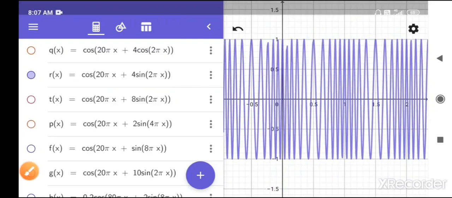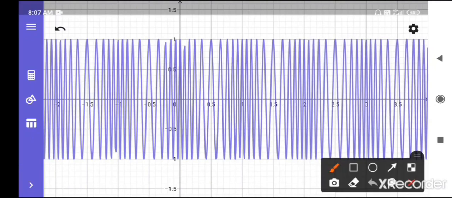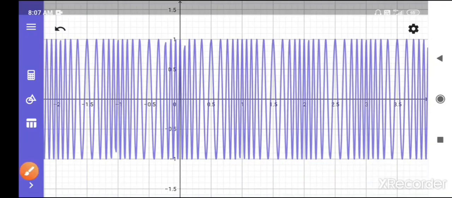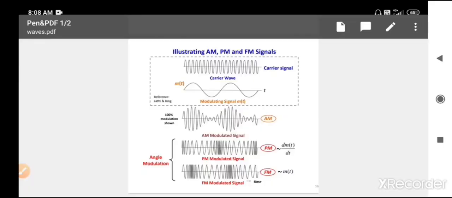Okay, so now we observe the waveform. Yes, it is quite similar to the waveform we saw before. It has the high frequency, low frequency, then the high frequency, consequently like that. So this is an FM waveform. Here we can zoom and see it clearly.